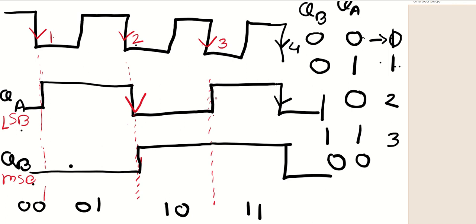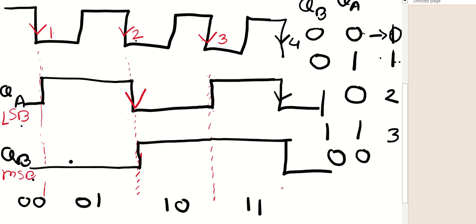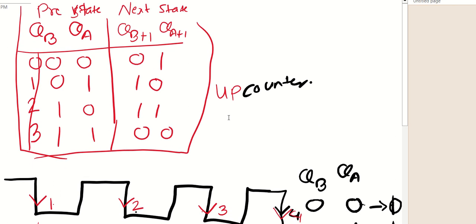And this repeats after each of these cycles. Is it clear? So in this way your counter works. This is a best example of how we are able to design and explain the up counter. Okay. So this is a 2-bit up counter.